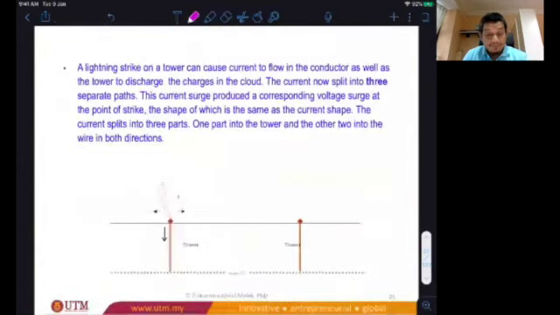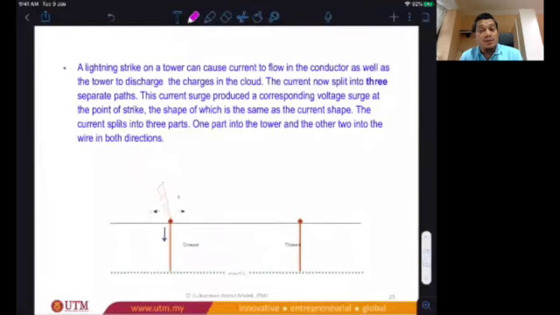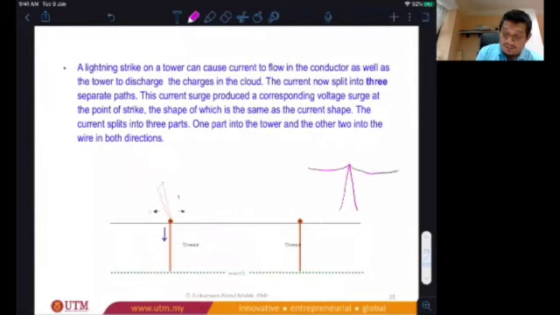Okay, let's move on. Let's say now it strikes the earth conductor, but the earth conductor is actually at the top of the tower. You see, at the top of the tower, you have the earth conductor, having Z, let's say Z earth, and the strike is here.